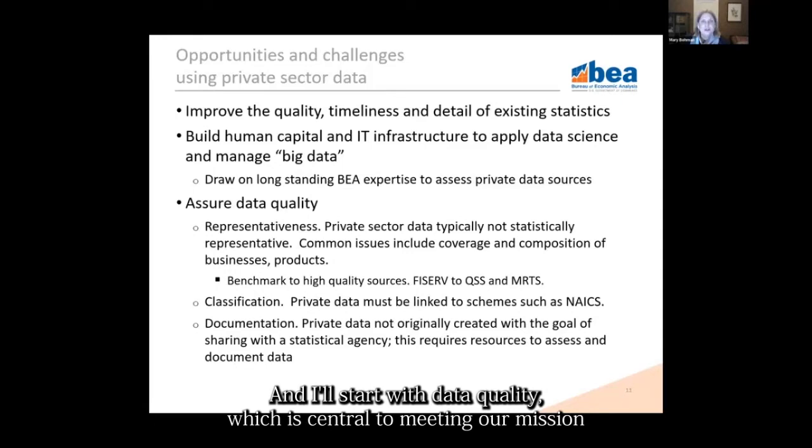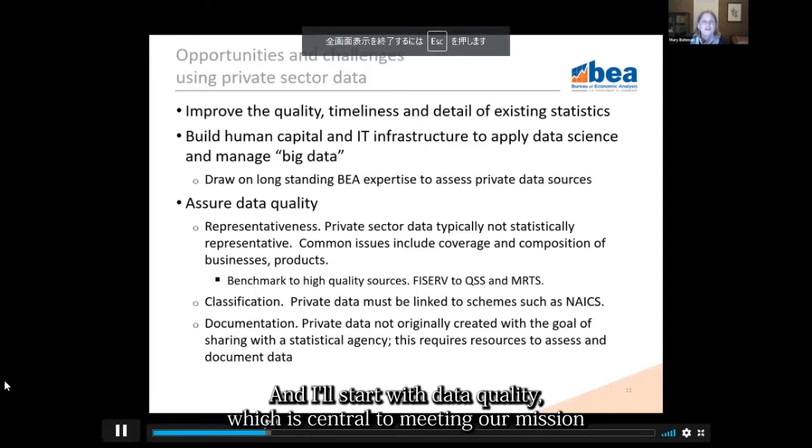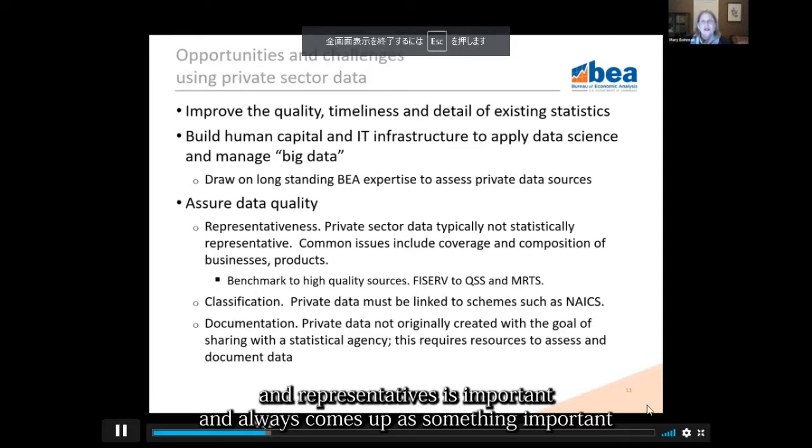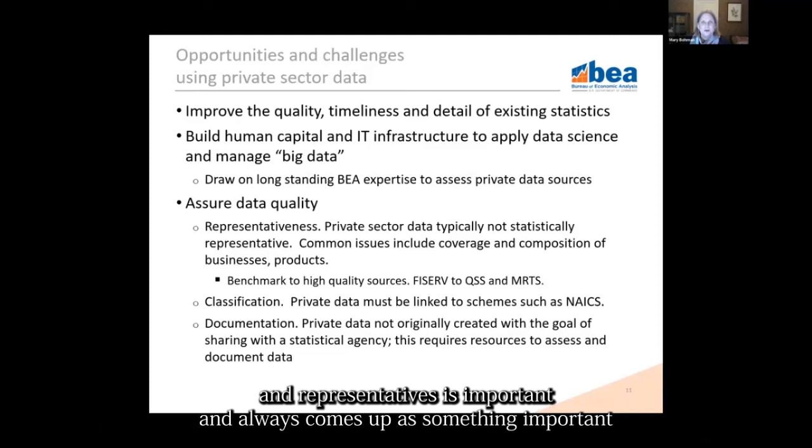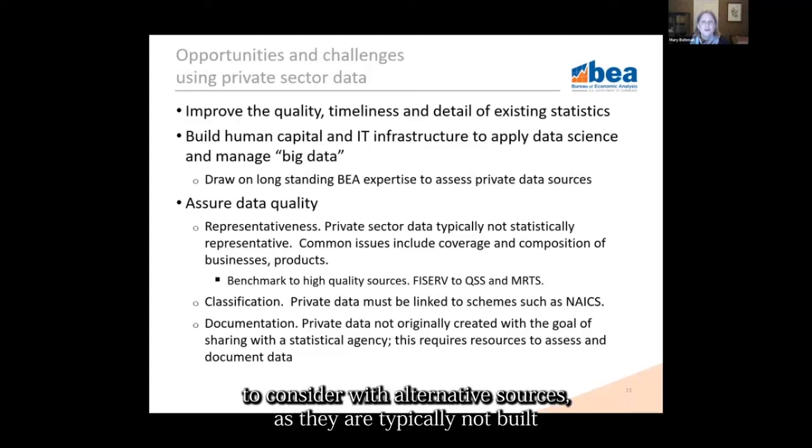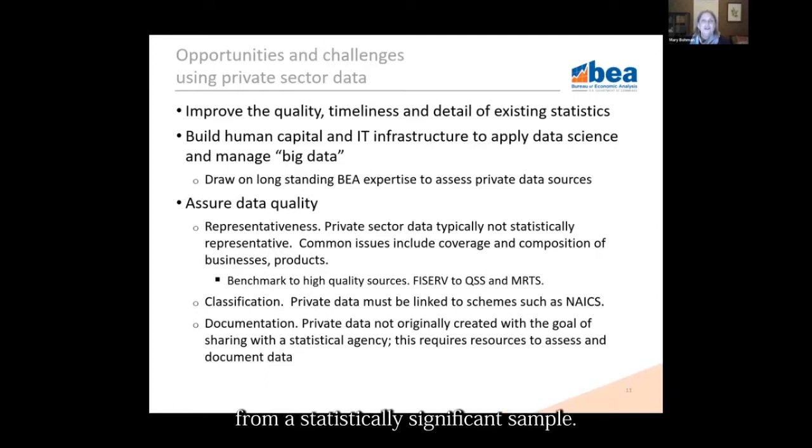And I'll start with data quality, which is central to meeting our mission. Representativeness is important and always comes up as something to consider with alternative sources, as they are typically not built from a statistically significant sample. Common issues include the coverage and composition of businesses and products.